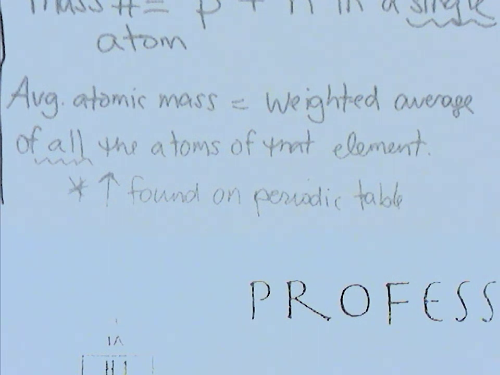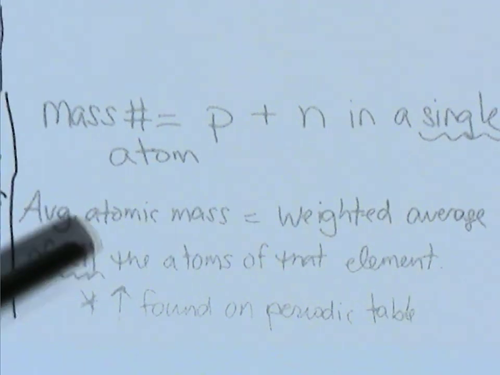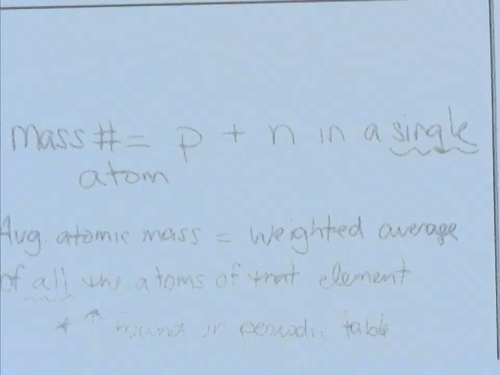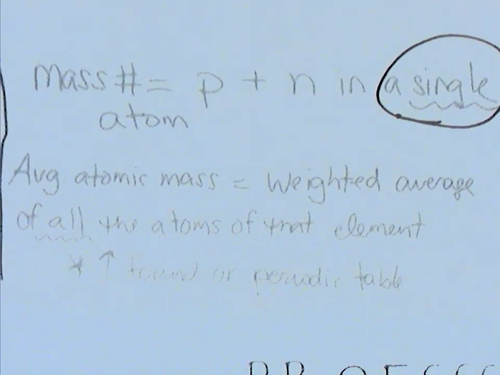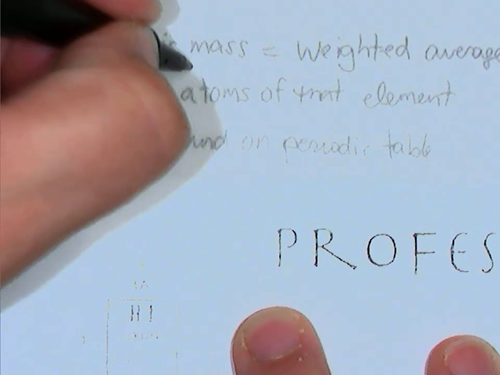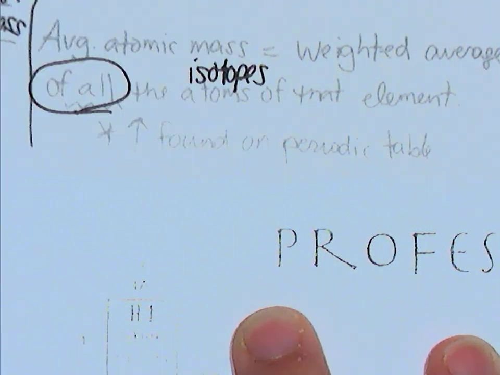So just to begin, and then I'll show you how this all works, average atomic mass can be found on the periodic table. Mass number cannot. So mass number is specific to a single atom, okay, and average atomic mass is specific to all of the atoms or all of the isotopes of that element, okay?